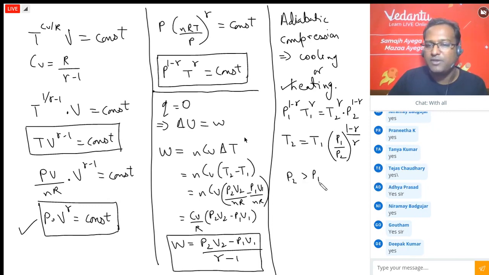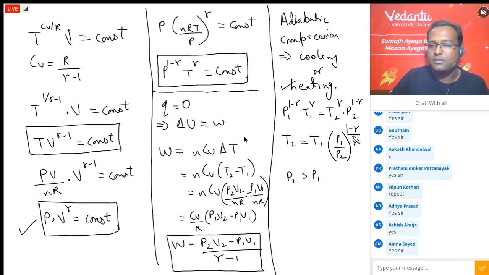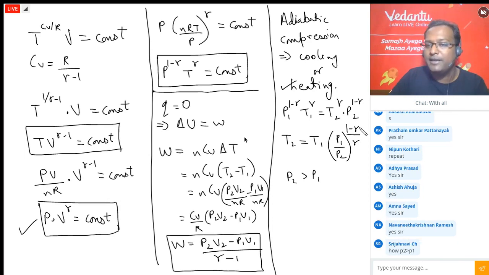Now we are talking about adiabatic compression, meaning P2 is greater than P1. Can I say 1 minus gamma is therefore a negative quantity? Guys, listen to the math now. Gamma is greater than 1, so 1 minus gamma is a negative quantity.